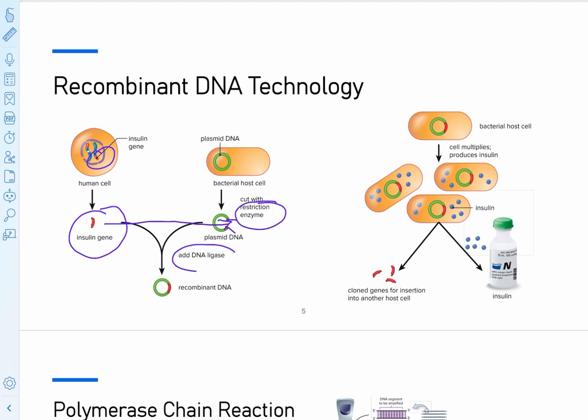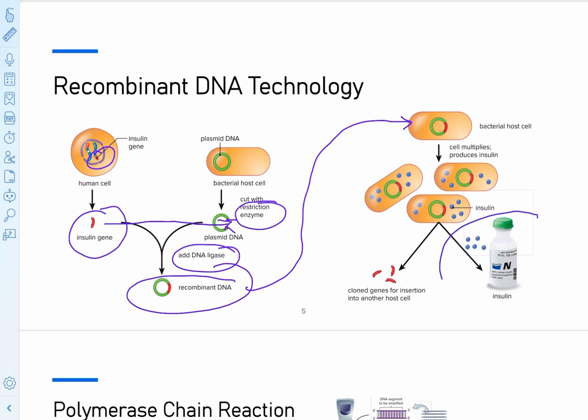We're going to add DNA ligase to help seal those sticky ends together. And what we produce is recombinant DNA. So then the recombinant DNA can go into a bacterial host cell. Bacteria replicate and multiply very, very quickly. And as they do this, they're producing huge amounts of insulin, or the particular protein that we want.